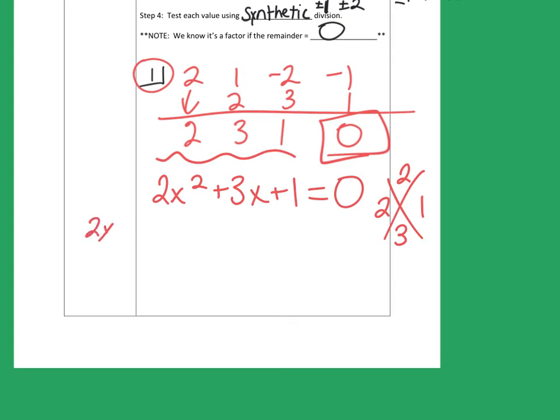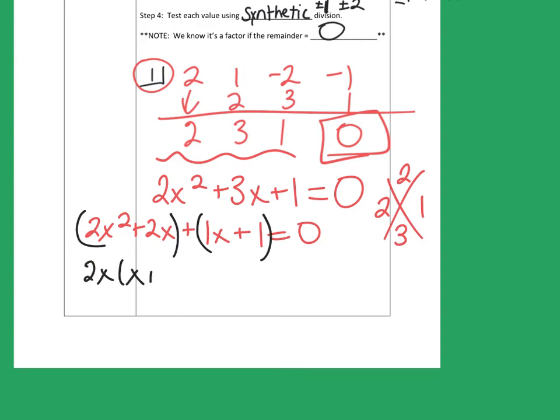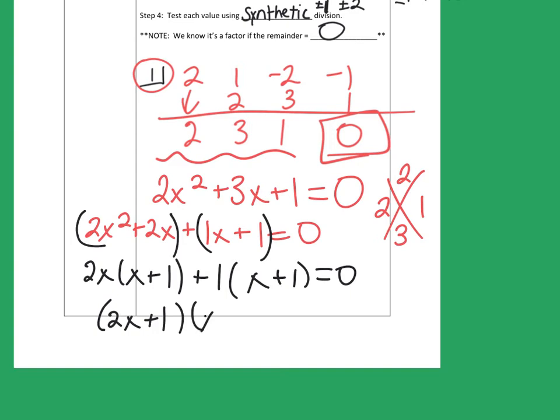So 2x squared plus 2x plus 1x plus 1. Go ahead and group. These have a 2x in common. These just have a 1 in common. And (2x plus 1)(x plus 1) equals 0.